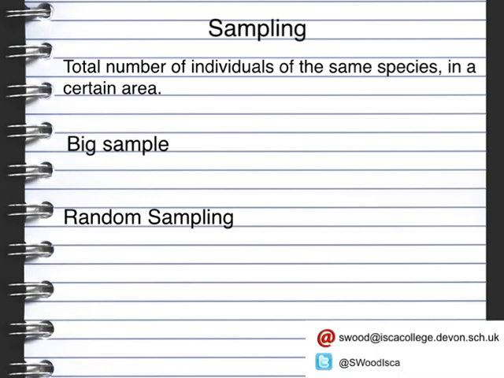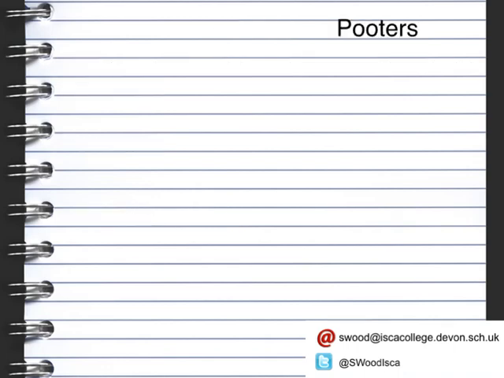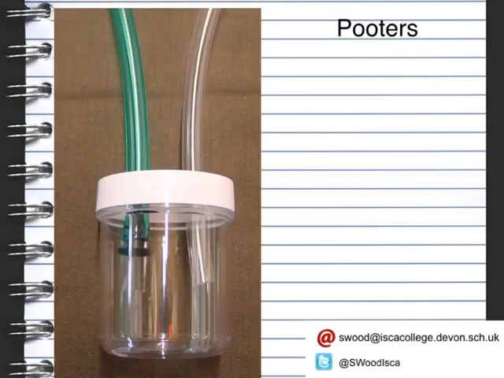Okay, so what we're going to do next is have a look at the different ways in which we can collect organisms to see what the sample will look like. Now, the first sampling method we're going to look at is called a pooter. A pooter is a piece of equipment like this. It's got a plastic see-through container here with a lid, and it's got a tube going in and a tube going out.